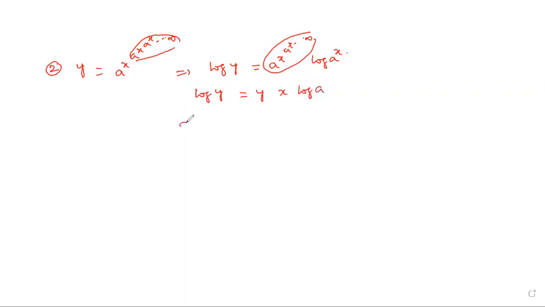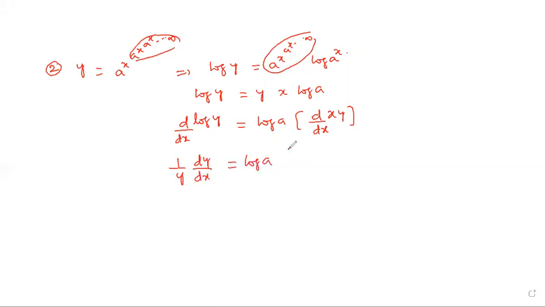Right. Now apply the derivative. d by dx of log y is equal to log a is the coefficient into derivative of x into y, u into v formula. Simple, 1 by y, y follows the x rule, dy by dx is equal to log a into x times dy by dx plus y times derivative of x with respect to x, which is 1.